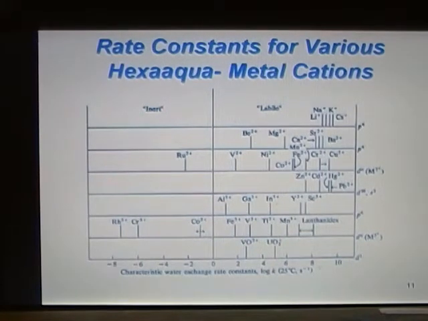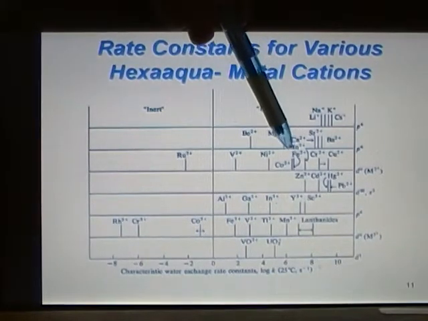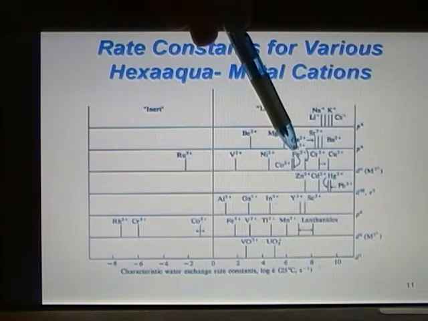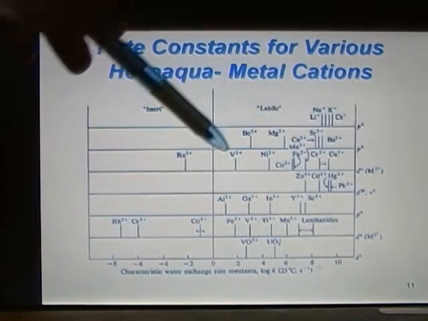Second, remember we need to look at how the charges on cations affect their lability. So we need to choose the same atom with different charges. Fe2+ has a log of the rate constant equal to about 6.